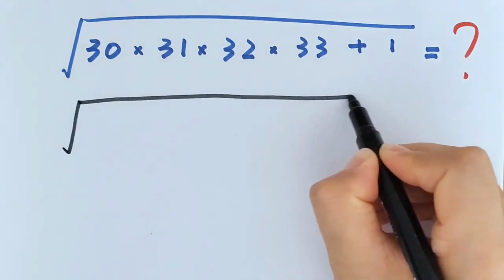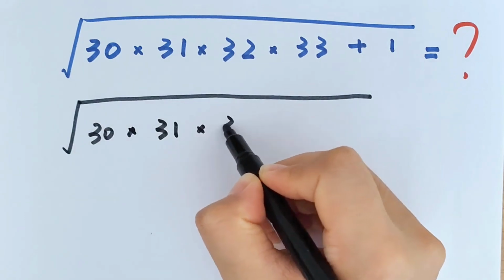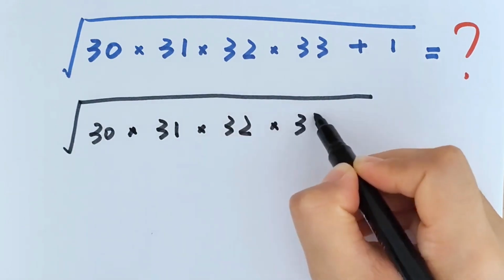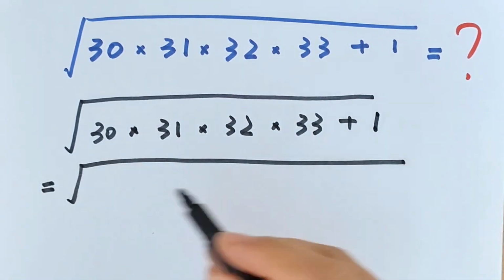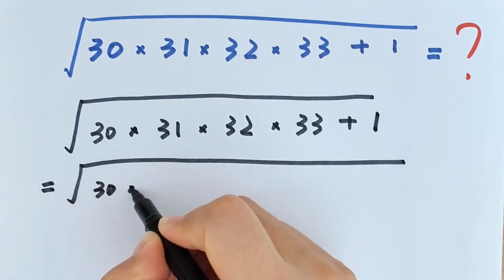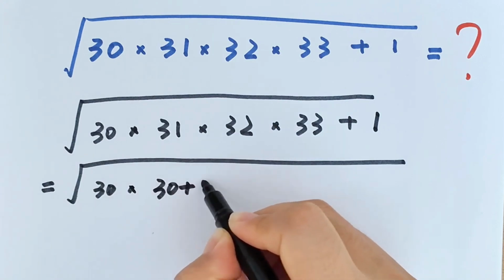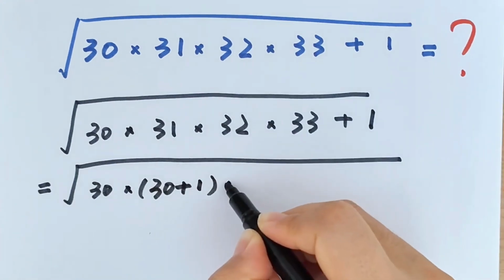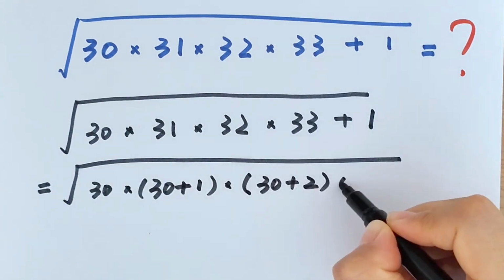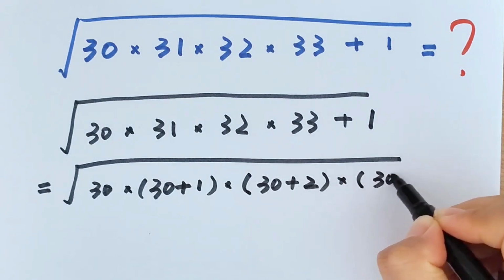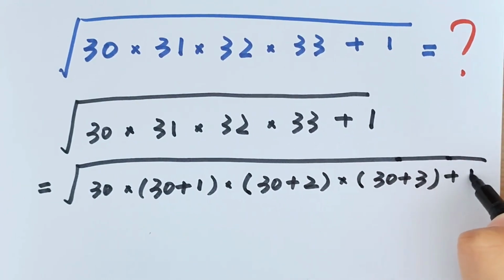The square root of 13 times 31 times 32 times 33 plus 1 equals the square root of 13 times 31 is (30 plus 1) times (30 plus 2) times (30 plus 3) plus 1.